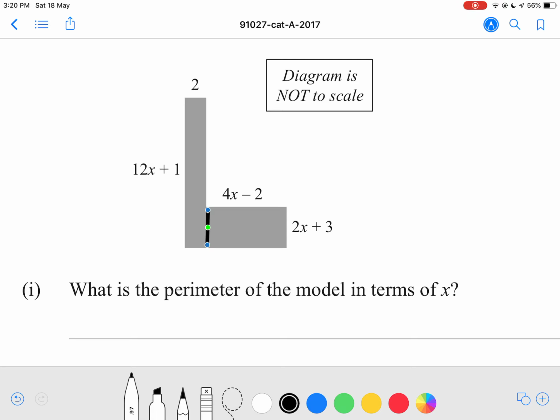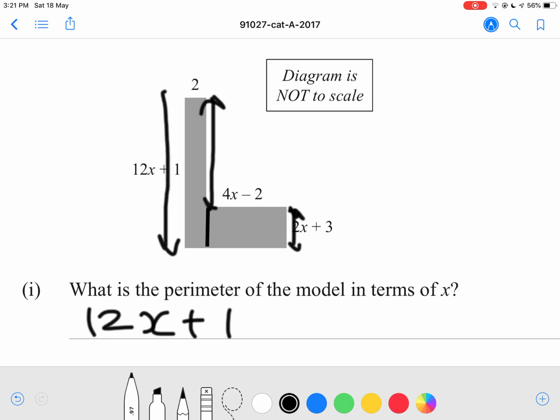So basically, we can say 2x plus 1 is here, 2x plus 1. And you know that this length here added to this length here is equal to this entire length here. So you can say that 2x plus 1 times 2 is equal to this length plus this length plus this length.